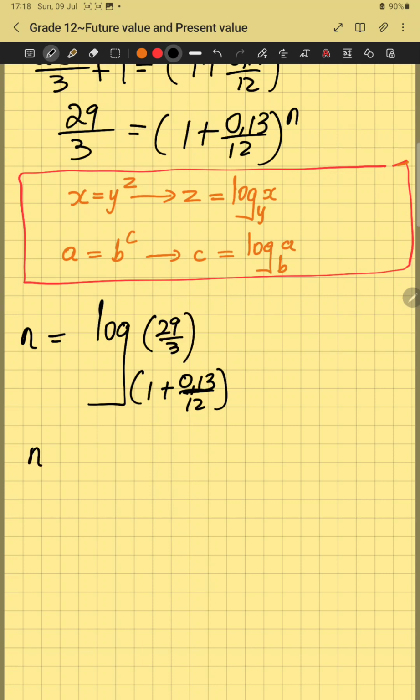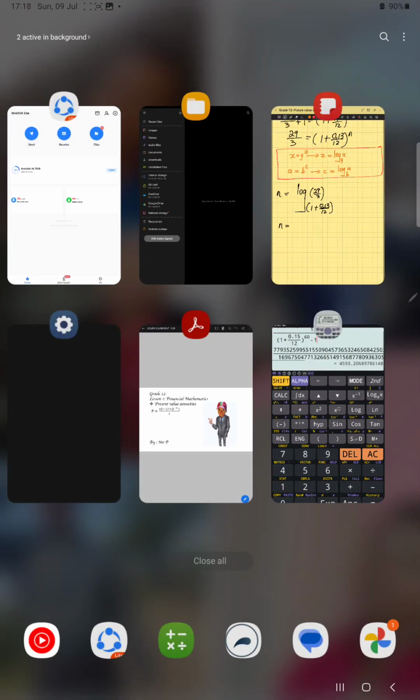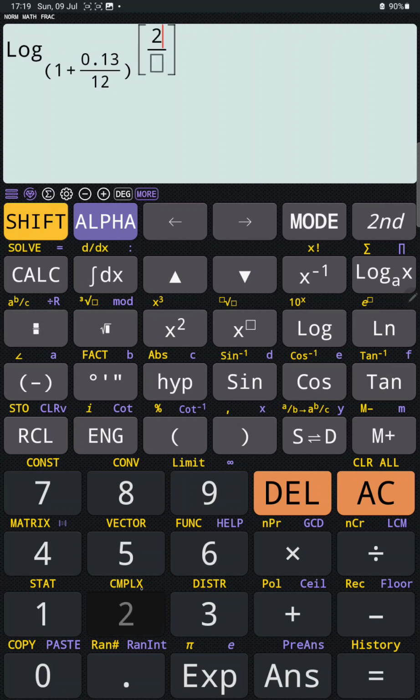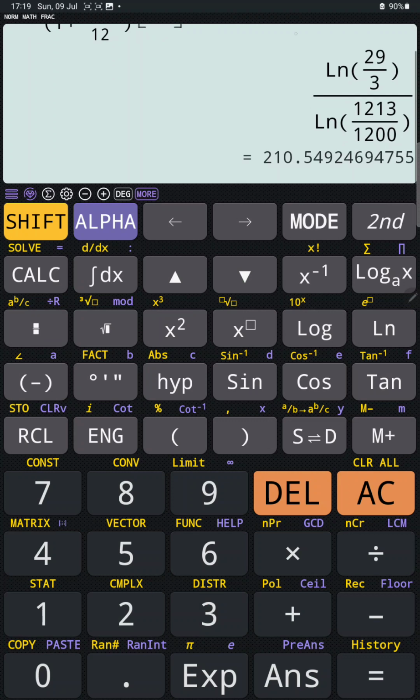Then we just work this out on the calculator. So we press log, then the base must be 1 plus 0.13 divided by 12, in brackets, and then we move on to this one. We're going to have 29/3.